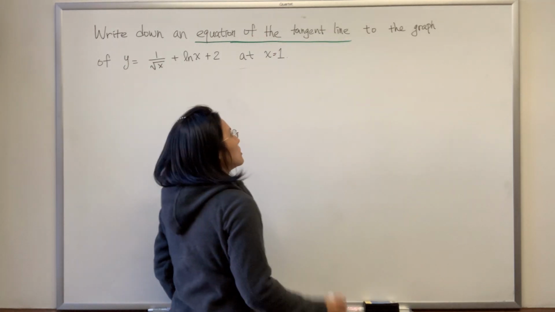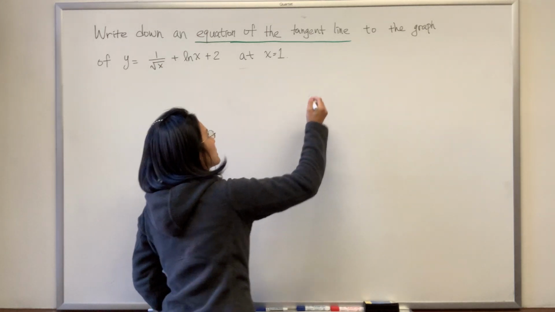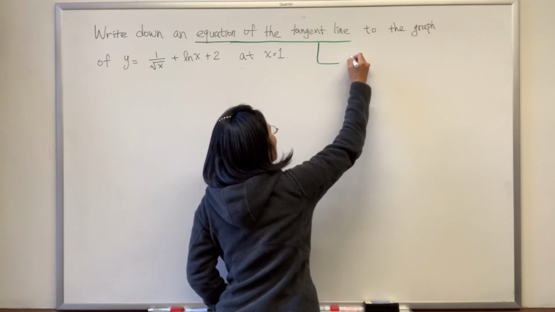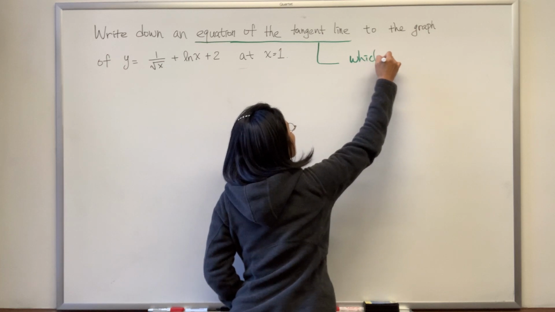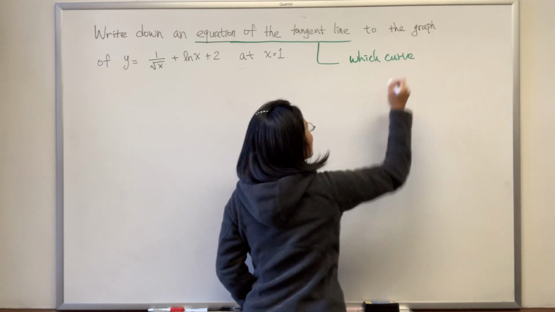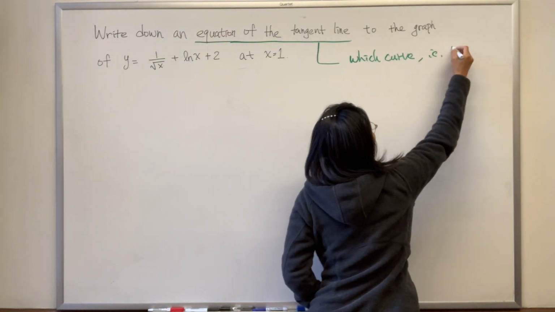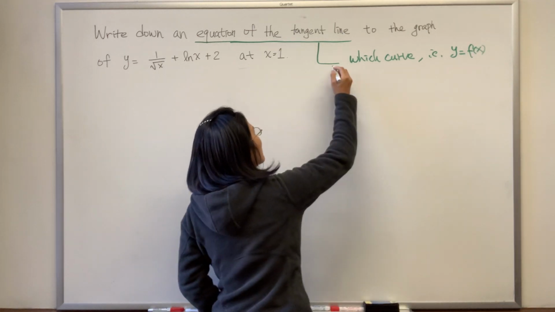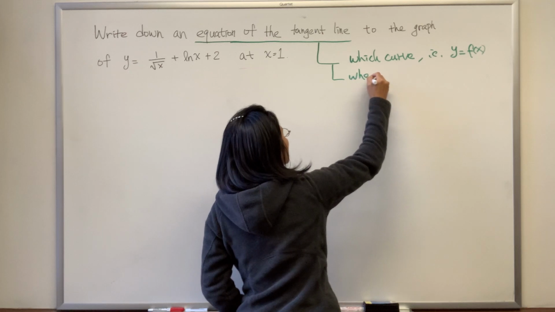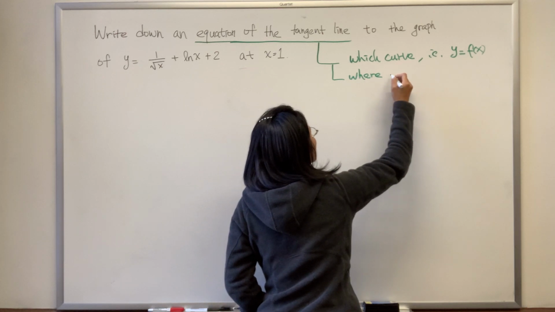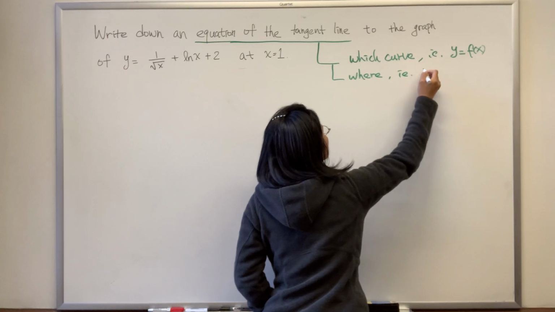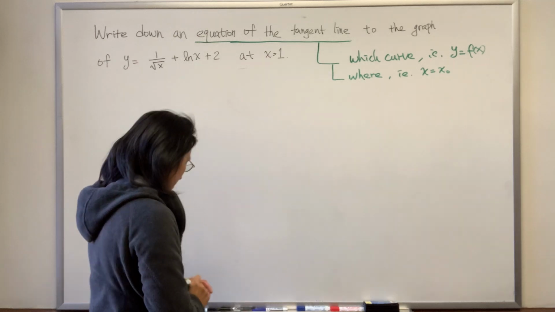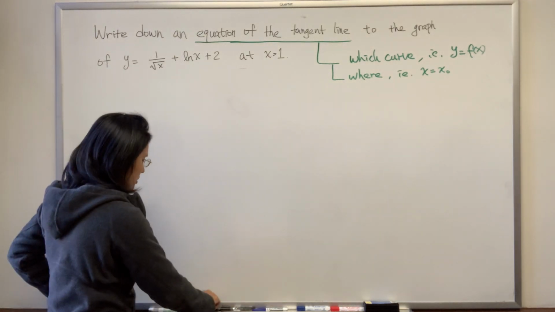Okay, so when we are looking for the equation of a tangent line, we always have to know what the curve is, meaning what is y equal to f of x, as well as where, because at a different point you would have a different tangent line, and then a different equation, right?